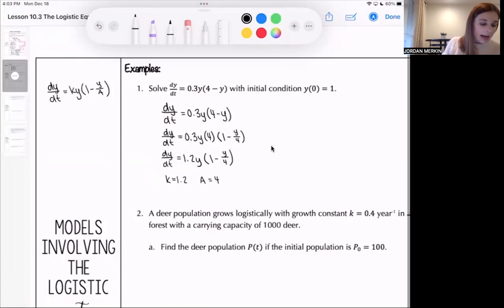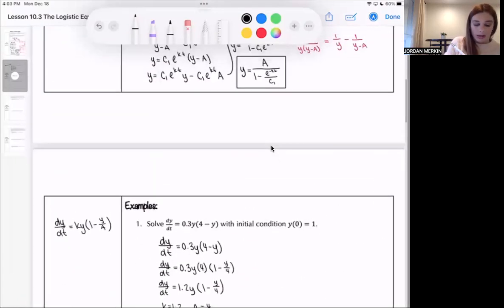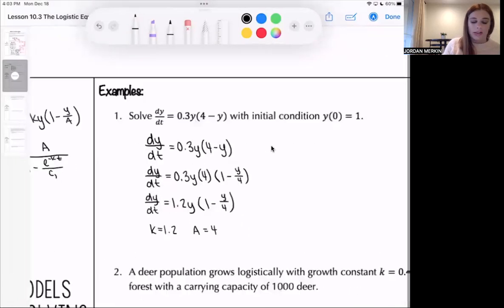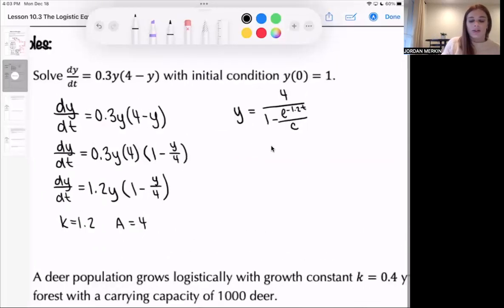And we actually have the solution to this differential equation. We have it up here. I'm going to write it again. y equals a over 1 minus e to the negative kt over c sub 1, so whatever your constant is. And so y is going to equal, our a is 4, all over 1 minus e to the negative 1.2t divided by c, and we need to just solve for c.